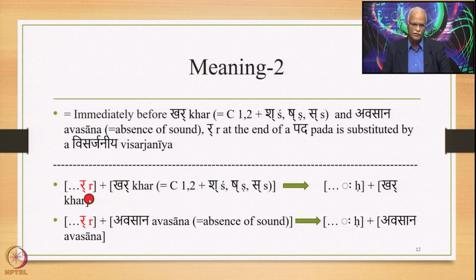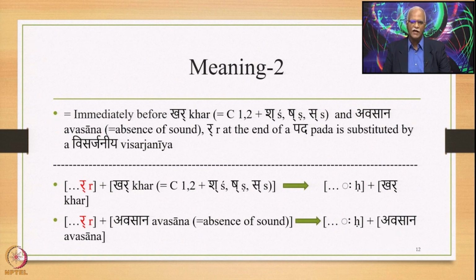If we have r plus khar, that is class consonants 1 and 2 plus sh, sh and s, this being the input, 8.3.15 applies and the output generated is visarga plus khar. And also r plus avasana being the input, the output generated is visarga plus avasana.